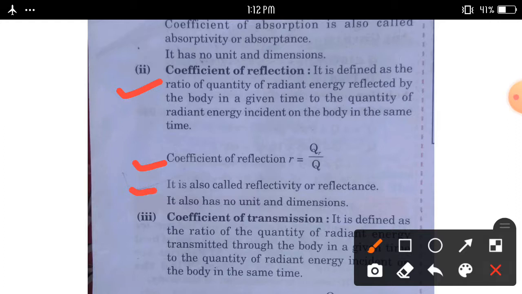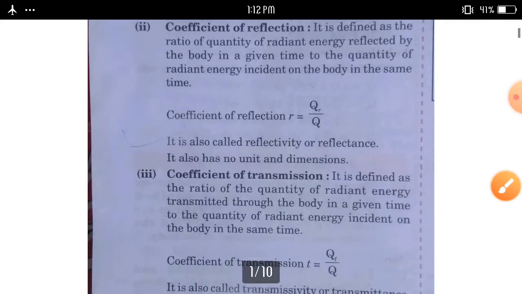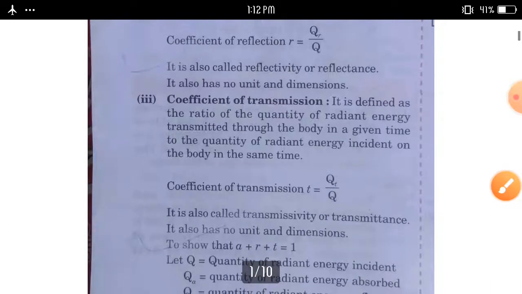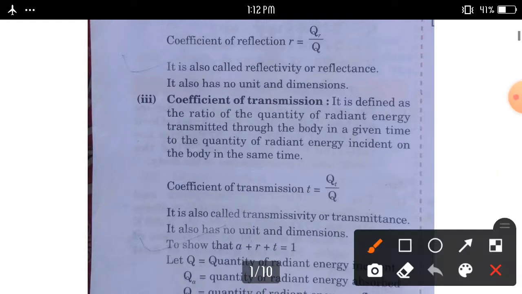And the third definition is the coefficient of transmission. Its definition is similar. It is defined as the ratio of the quantity of radiated energy transmitted through the body in a given time to the quantity of radiated energy incident on the body in the same time.